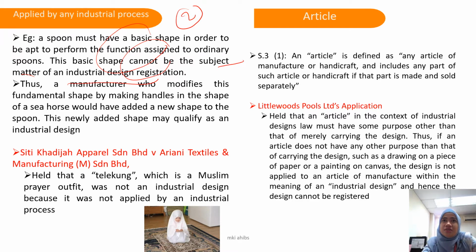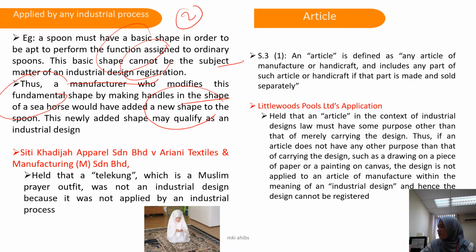Because it has not been applied by any industrial process. So how do you know that there is an application of industrial process or not? When you modify the fundamental shape, by let's say making a handle in the shape of a seahorse, you add a new shape to the spoon. So this newly added shape, that's what we call as the industrial process.